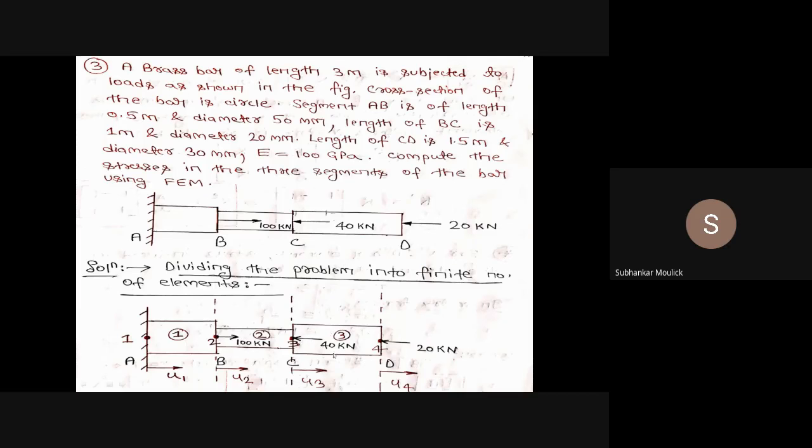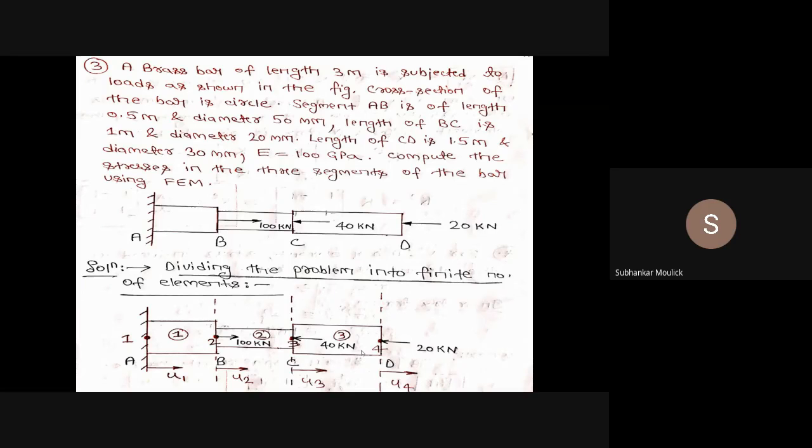Similarly, for element number 3, the stiffness matrix becomes K3 is equal to E into A3 by L3, times the matrix 1 minus 1 minus 1 1. Again, I have to decide the order of the stiffness matrix. For that, I have to see the element. I can see that element 3 comprises two nodes, node 3 and node 4.